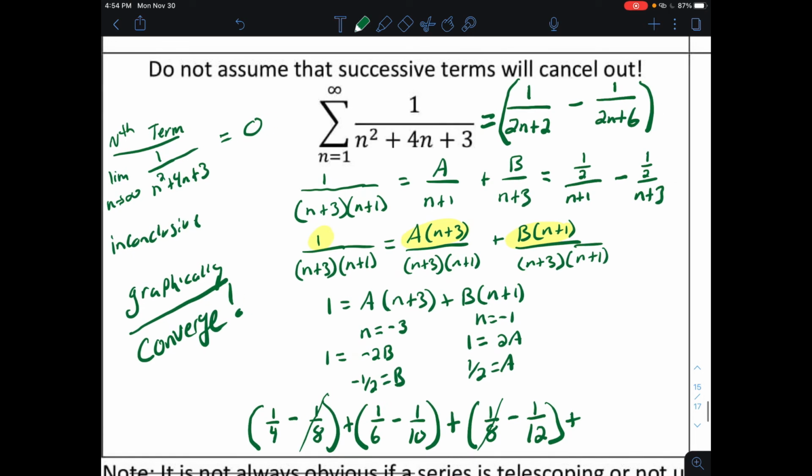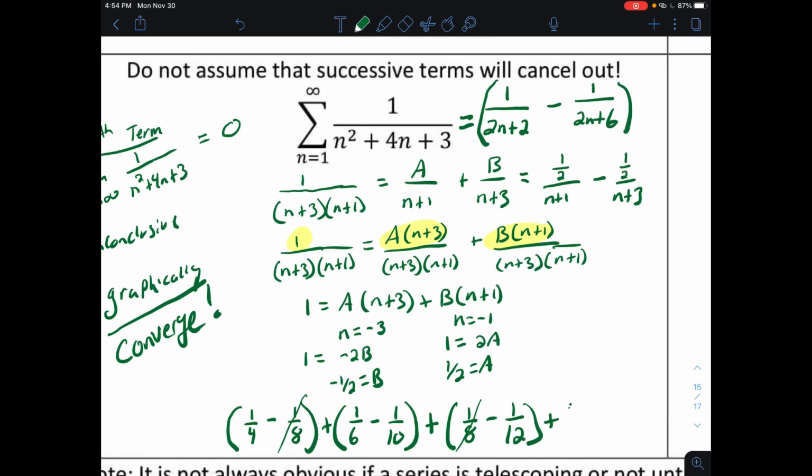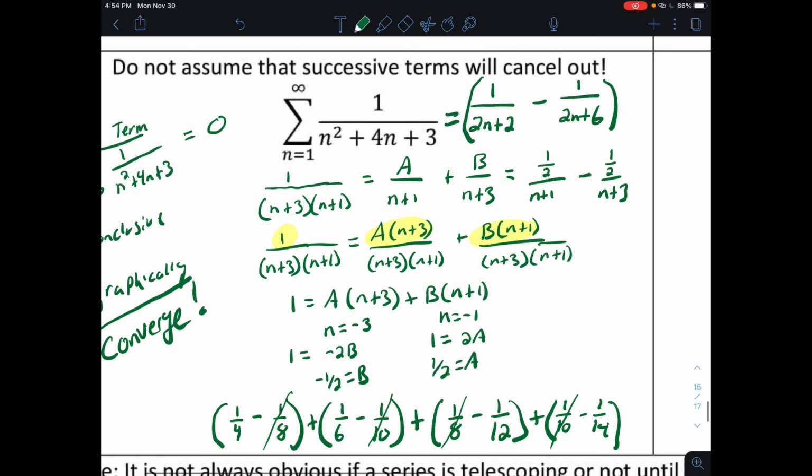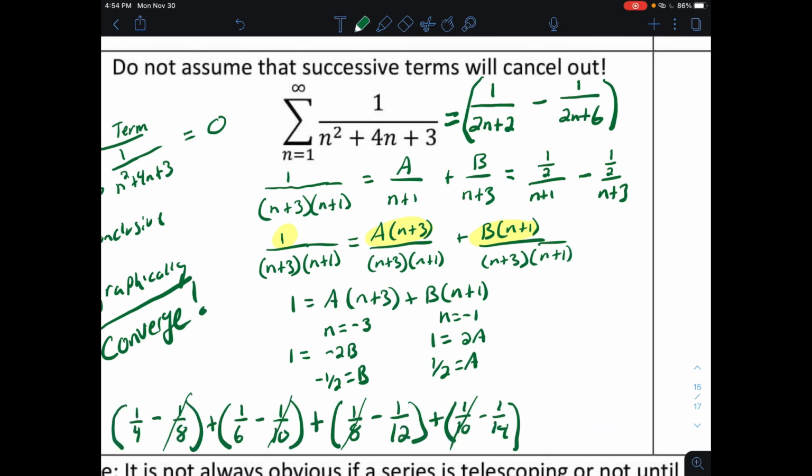All right, so let's go do another term. My next term, when I put in 4 for my n's, I'm going to get 1 over 10 minus 1 over 14. And I'm like, all right, well, we just got the 1 over 10s to cancel. Now, so far, I haven't had first and last terms cancel yet, so I've got to continue this one more time. This time we're putting in 5 for the n's, and so we get 1 over 12 minus 1 over 16, and that would continue on.